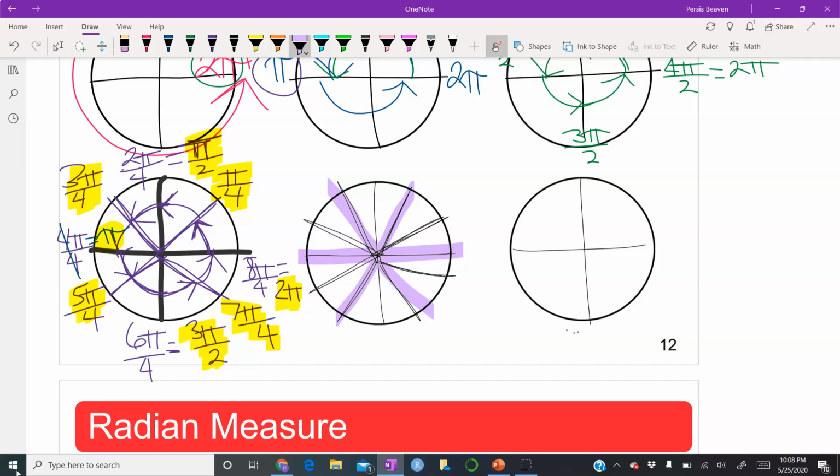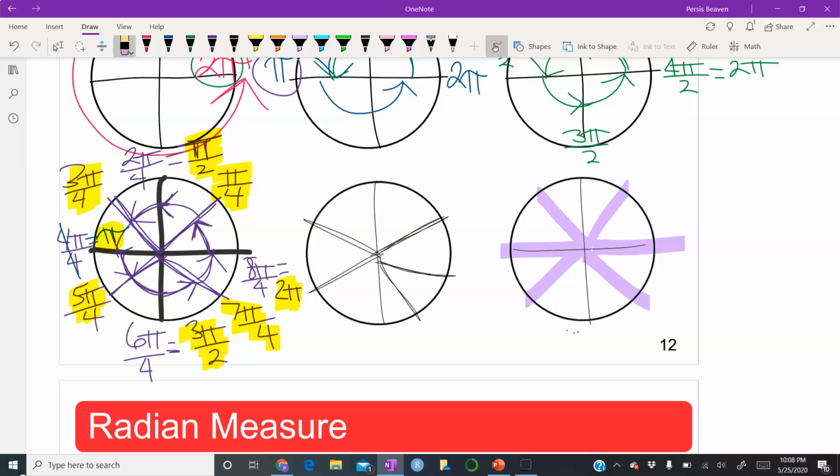Those, we're going to draw them on this side of the circle. So there we have it. Okay, so now I'm going to get rid of this purple here.